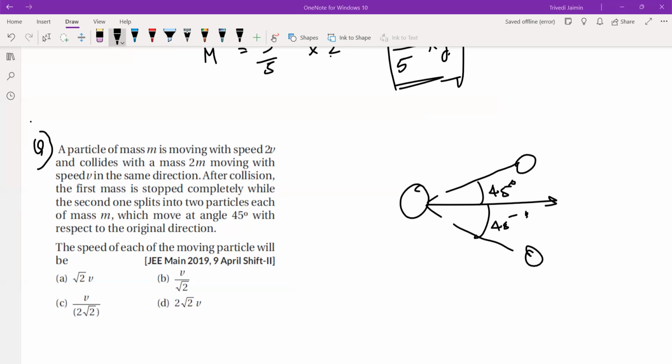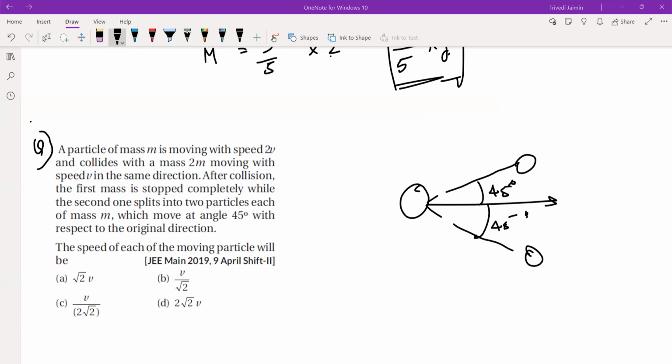So what is the initial condition? What's the value of initial? Yes, what's the initial value?